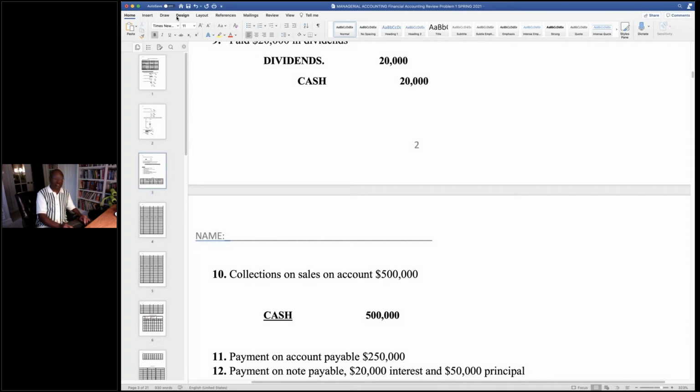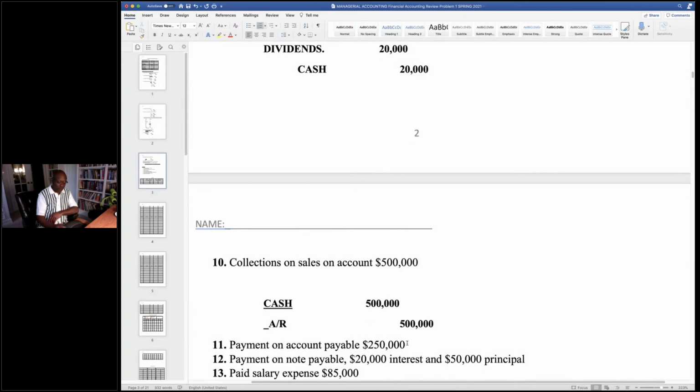Accounts receivable. I gotta get my chart. You should have had that chart when you were doing your homework last night.